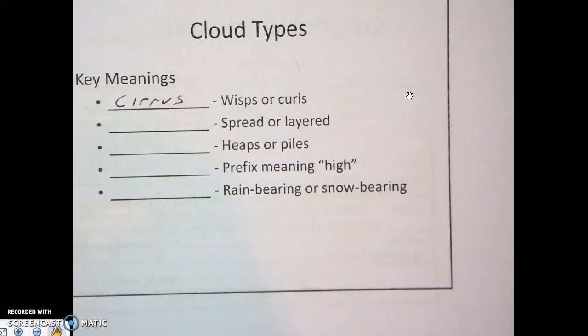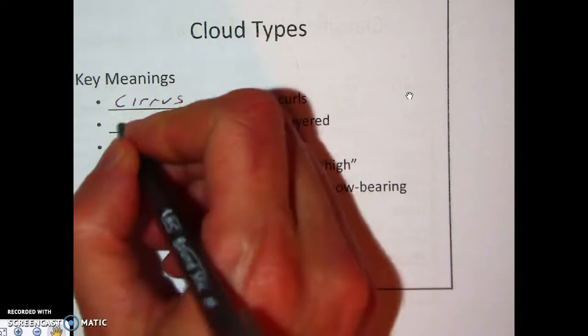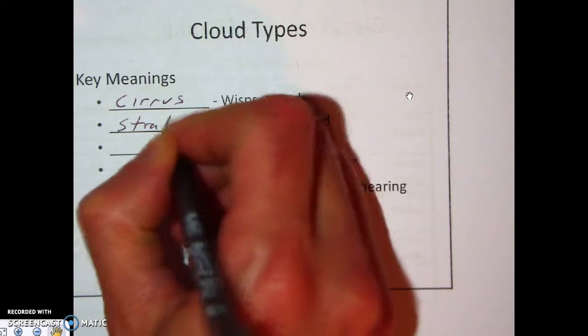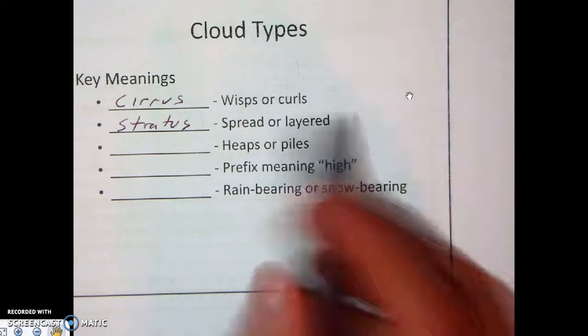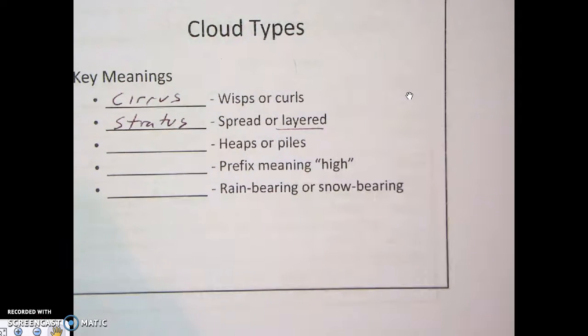And I think you can probably imagine clouds that look like that. We'll look at some pictures of these things in a little bit. The term stratus means that it's basically a layered cloud. In geology, the word strata means layers of rock. Here we're talking about layers of cloud. So stratus is a layered cloud.